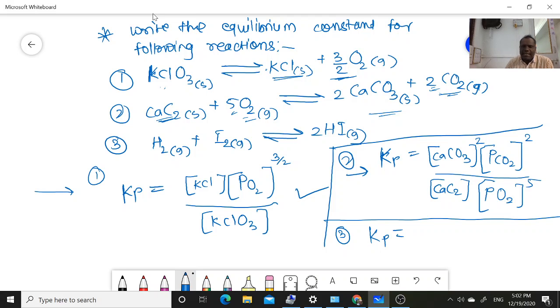If pressure is involved, we write Kp. The product HI is a gas, so we write PHI squared, divided by H2, only one gas, but it is a gas, so we write PH2 completely. Then the next one is again a gas, so PI2.